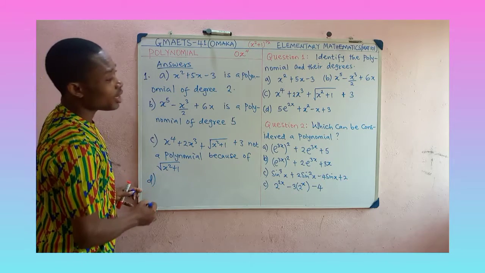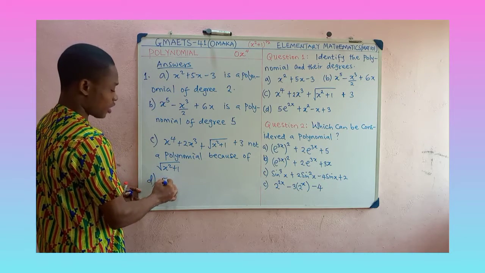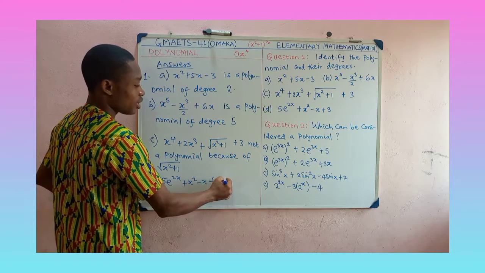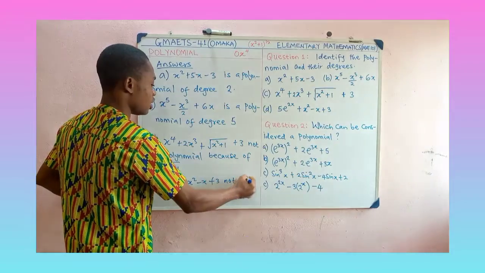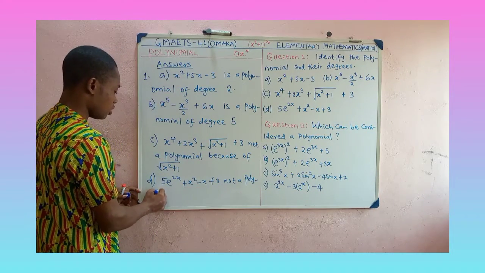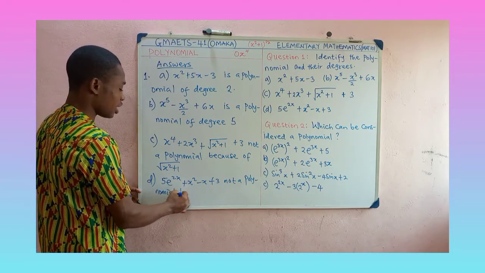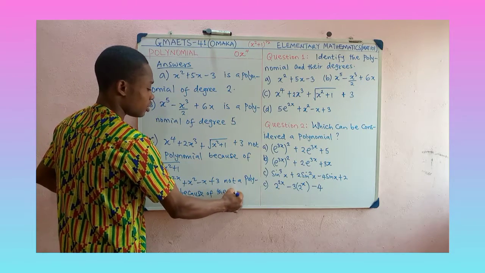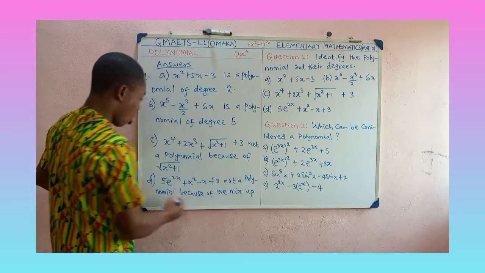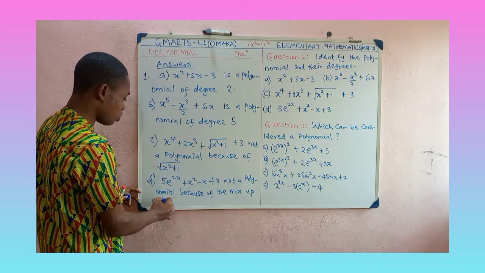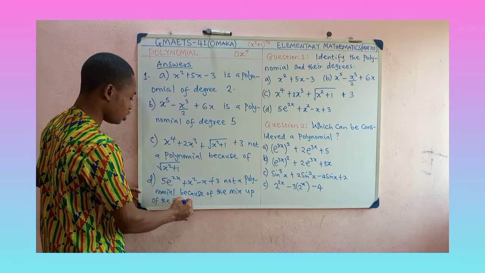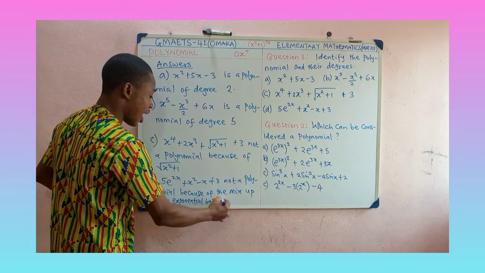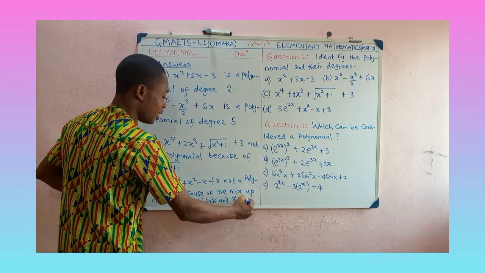Then d, let's look at it. 5 raised to 2x plus x squared minus x plus 3. Not a polynomial, because of the mix-up of the exponential base and x base.